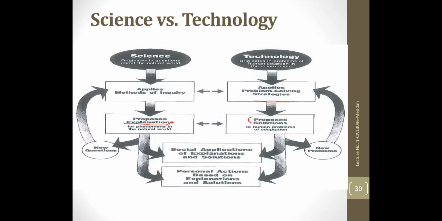And from that, of course, new problems will arise, and again you will apply the same principle of problem solving and propose new solutions. But at the end of the day, you can see that both materials engineering and material science are looking for social applications of explanation and solution. Whatever is explained here and whatever solution is found here.